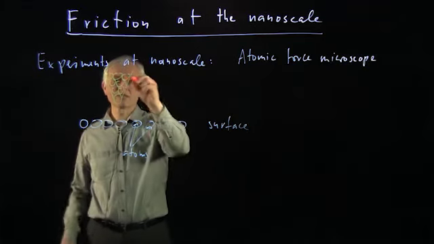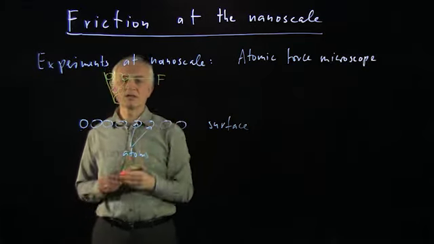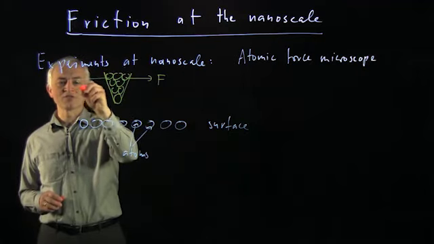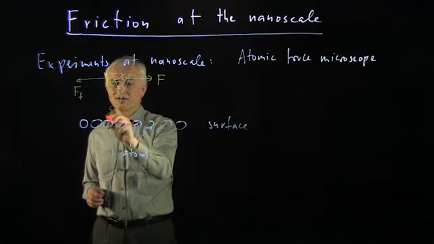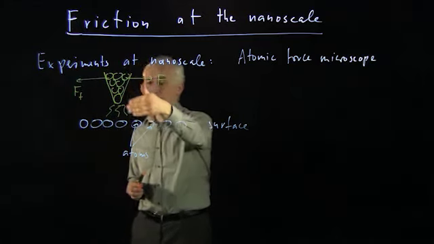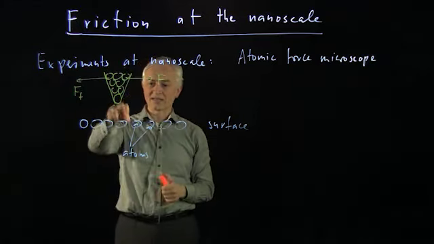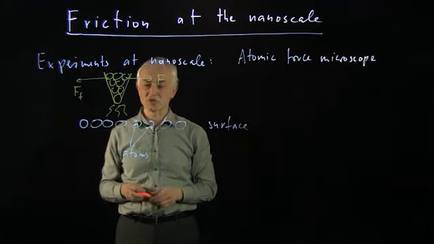You can pull on this with some force, and then you can try to measure the force of resistance, the friction force that is due to the interaction between the atom near the surface and the atoms forming the surface.